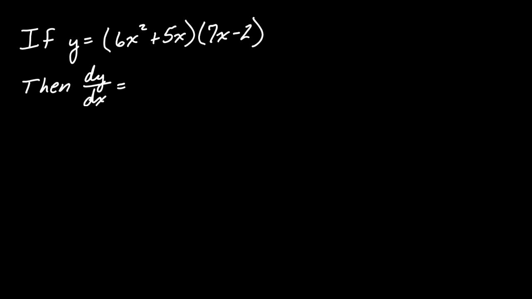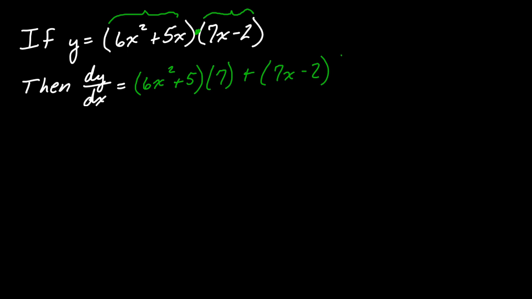All right, so on this one, we've got multiplication in between here, so that is going to be a product rule where this is the first and this is the second function. So product rule says we're going to have the first times the derivative of the second plus the second times the derivative of the first.